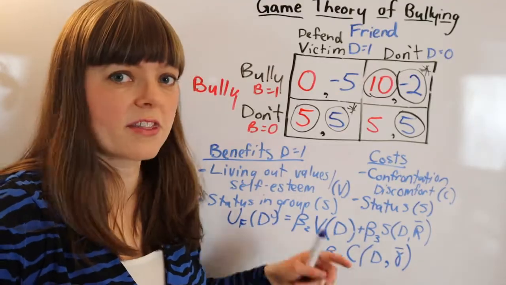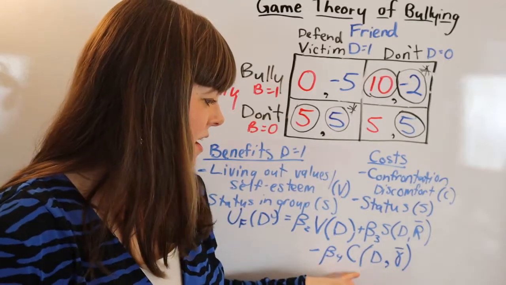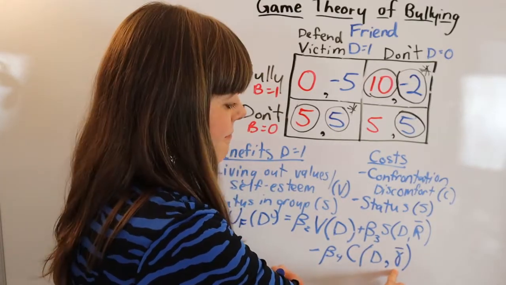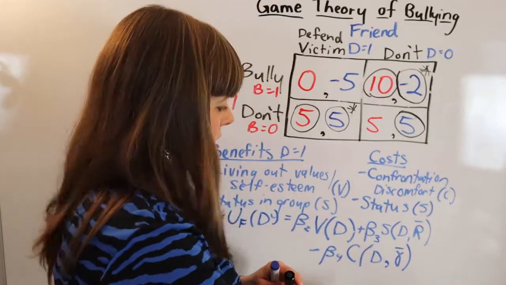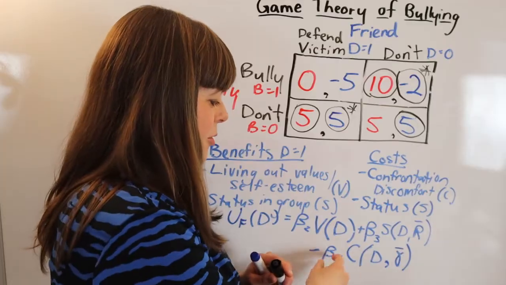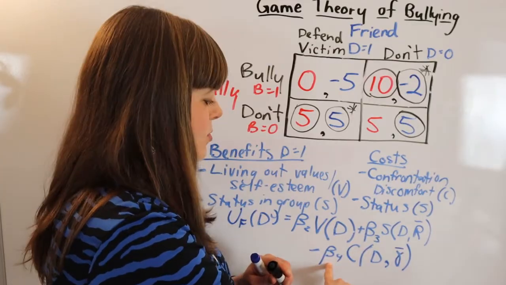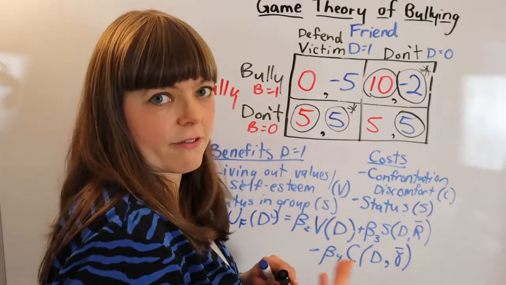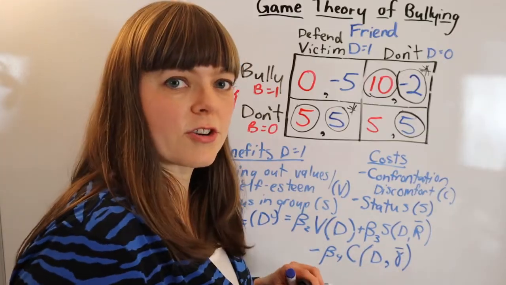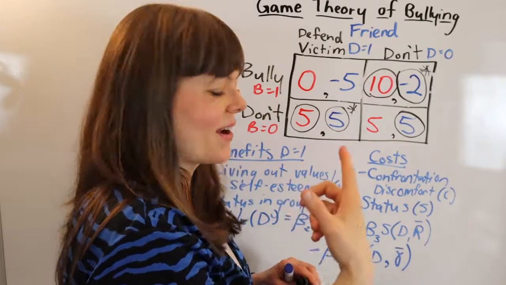This matters to them a lot. They're very afraid of confrontation. And it could be that the bully is just really mean if confronted. Or it could be that even if the bully isn't that mean if confronted, the person just has a very high importance weight on confrontation and is afraid of that. So these two factors are going to play a big role in determining which equilibrium we end up in.